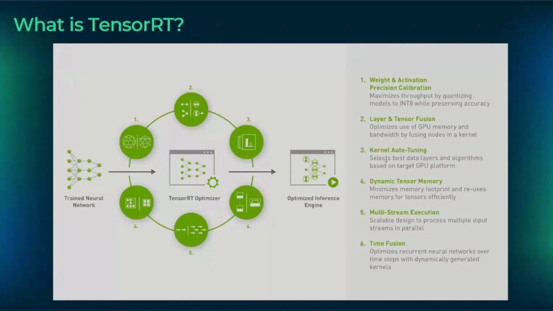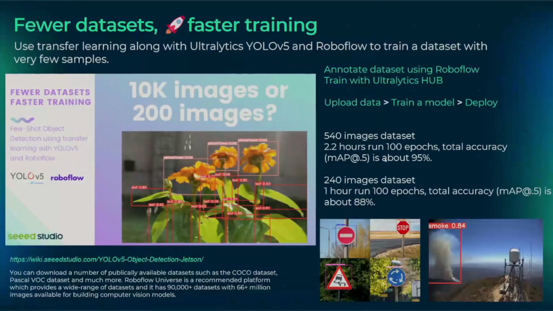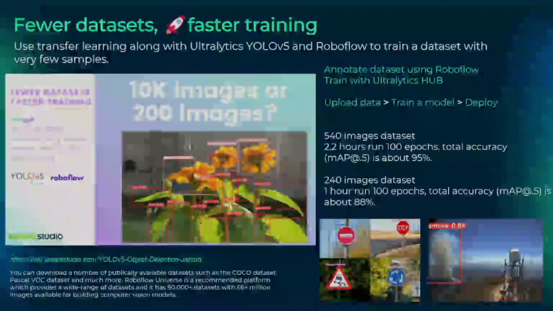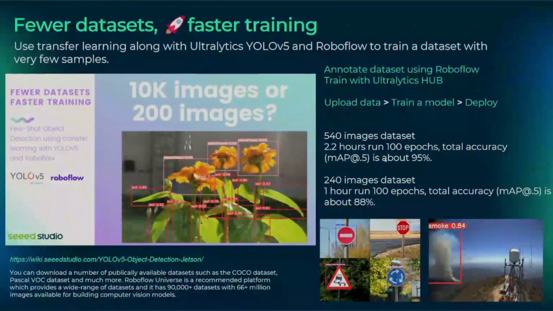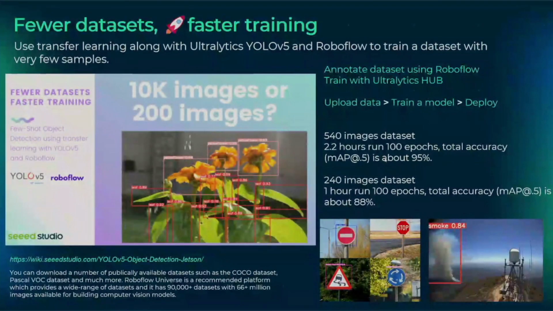Because if you train an AI model like YOLO v5, it will generate a PyTorch model file after the training process. That PyTorch model is good if you want to run on a PC GPU like an NVIDIA RTX GPU. But if you directly deploy that PyTorch model on the NVIDIA Jetson platform, the inference performance will be low.